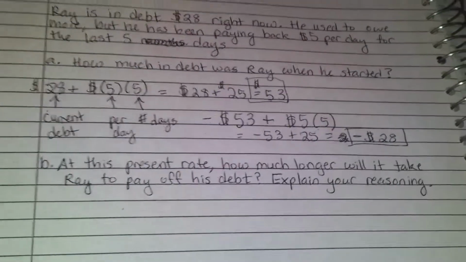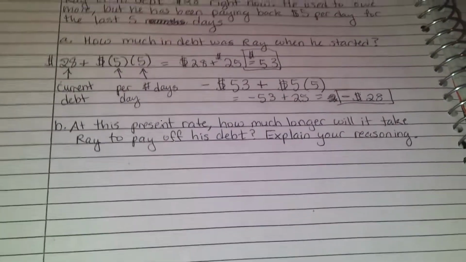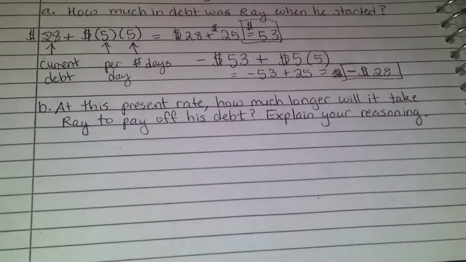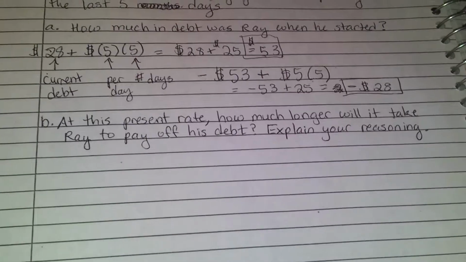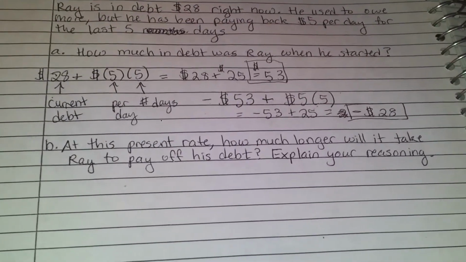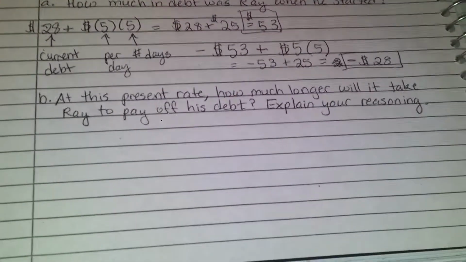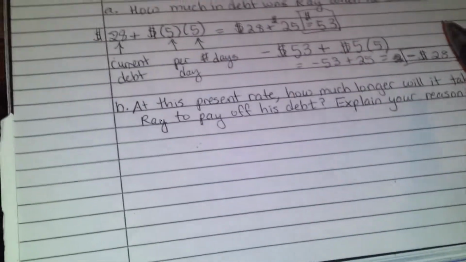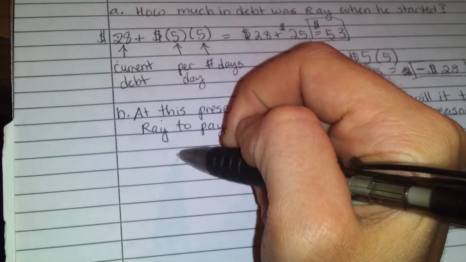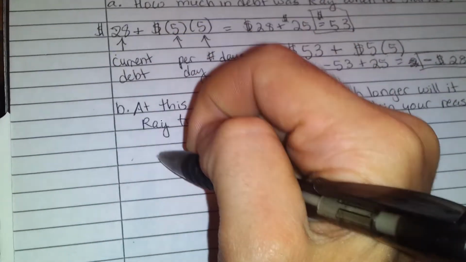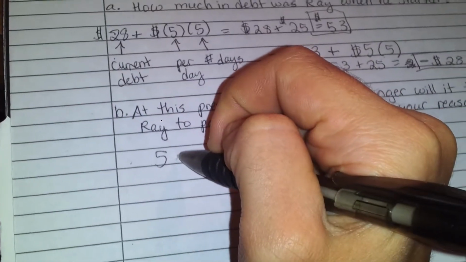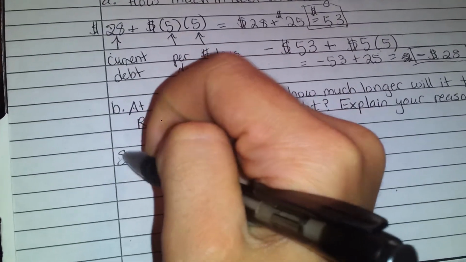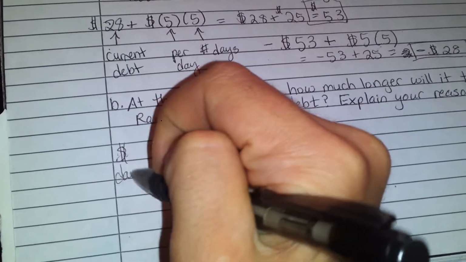So we want to know how much longer it's going to take him to pay off his debt, and we have to explain our reasoning. Well, we know that he's paying back $5 per day, and he's got $28 to pay off. Now, we could add on the number of 5s that it's going to take him. After day 1, he's paid off 5, and I'm going to write money paid off and days.